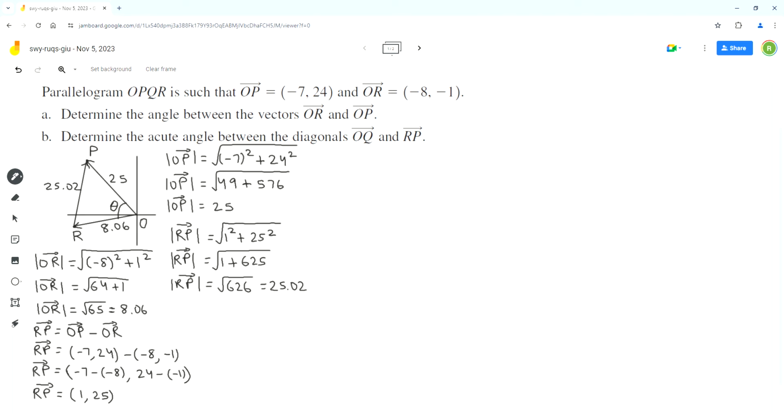Now we can use the cosine law equation to find angle theta.